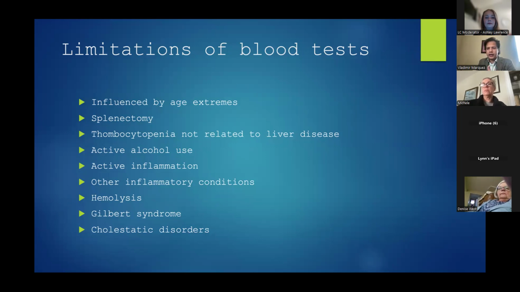If there is active alcohol use at the time of the test performance, it can also have an impact. The degree and the severity of inflammation can also move the test erroneously in either direction. And there are other medical conditions that will have an impact on how reliable the test should be. So they're good, but they're not perfect.